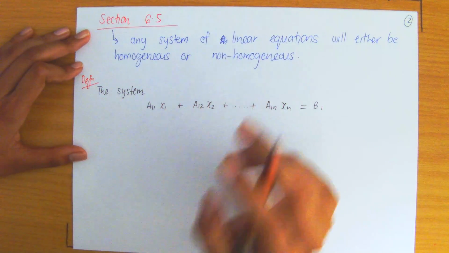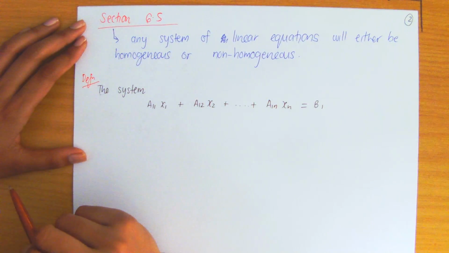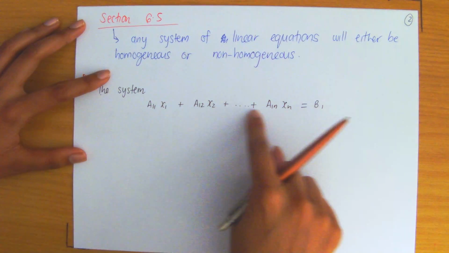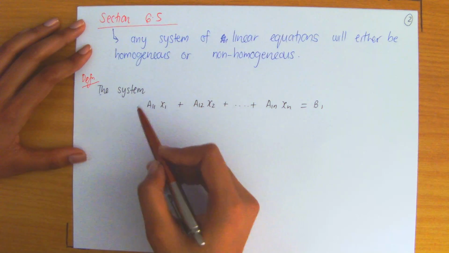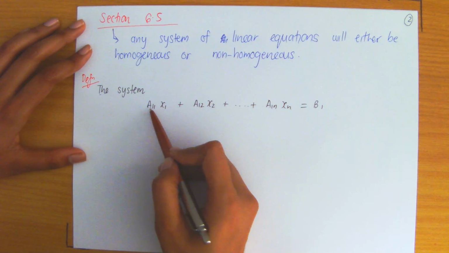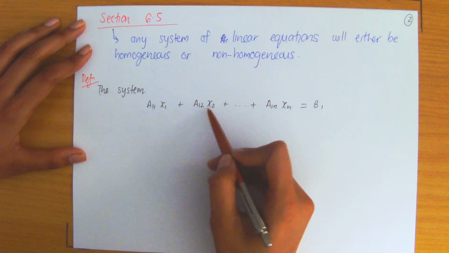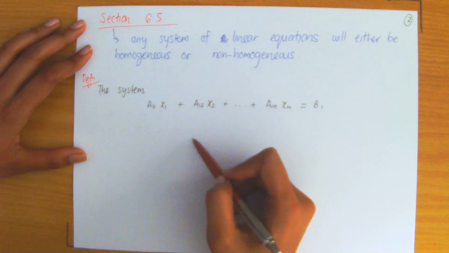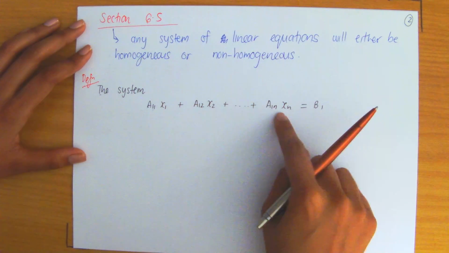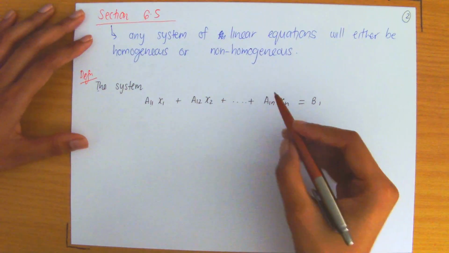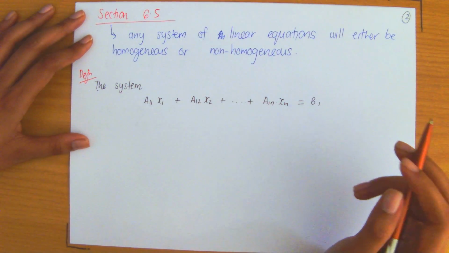Right, so let's define what homogeneous means. Let's suppose that we have a system of equations. I've written down the first equation in this system. The first equation says that we have coefficient a11 times the variable x1 being added to a12 multiplied to the variable x2, and of course we are summing in this pattern up until we have a1n being multiplied to variable xn.